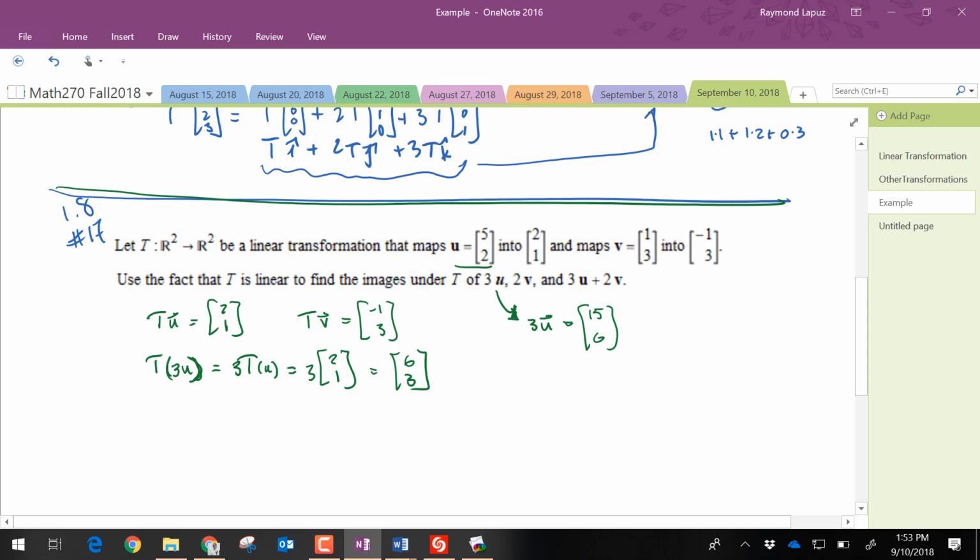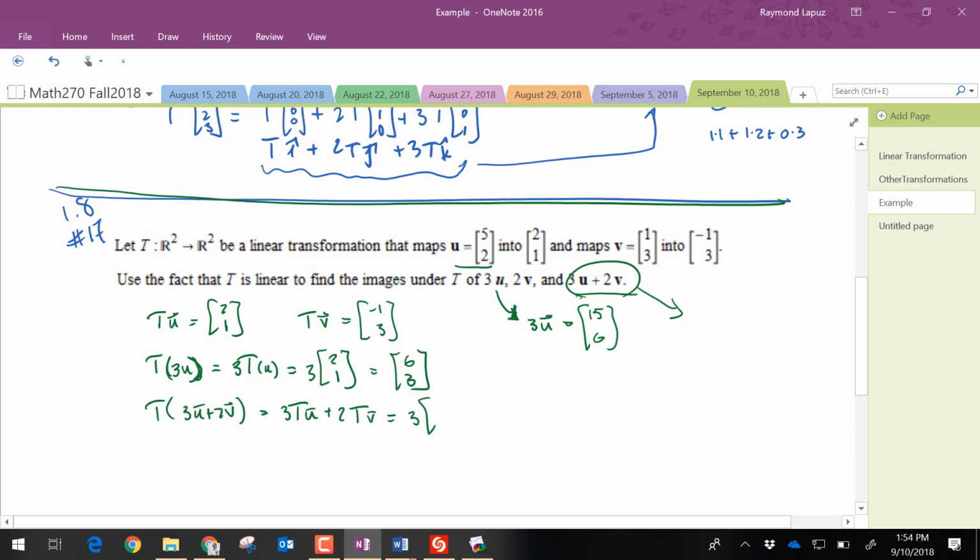All right, let's do the last one. T of 3u plus 2v. I guess we should do that one first, but let's just work this out. You should figure out what this is equal to for fun. This one is going to be 3 T of u plus 2 T of v.